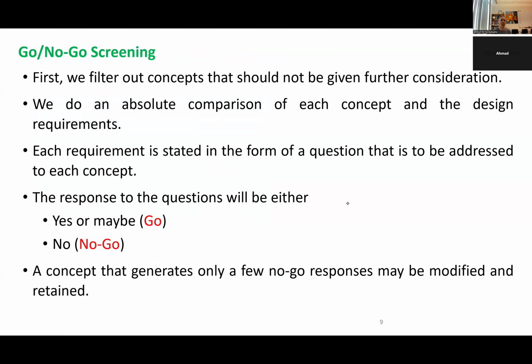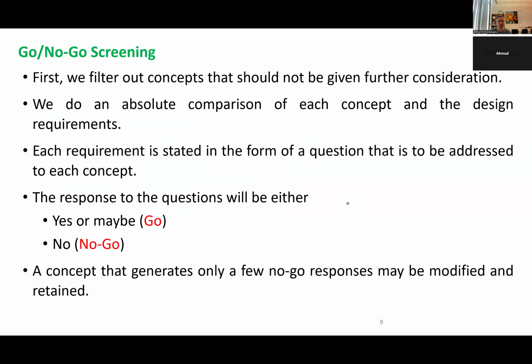So we will start with a go, no-go screening. That's the first step to remove some of the perhaps not very practical concepts. To do so, we need to state some requirements in the form of questions to be addressed for each concept.